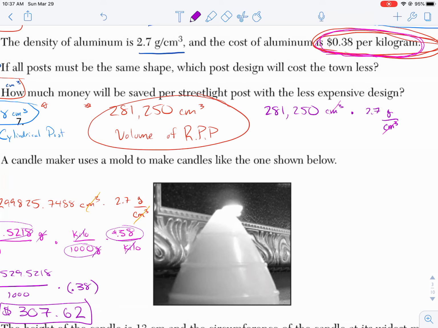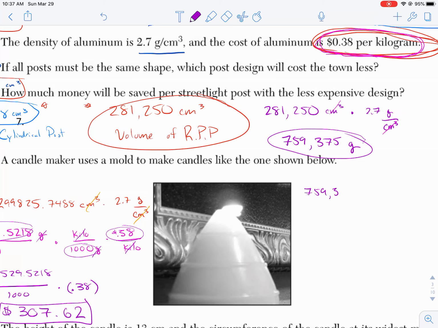You should be left with 759,375 grams. Okay, so that is the mass of our rectangular prism post.